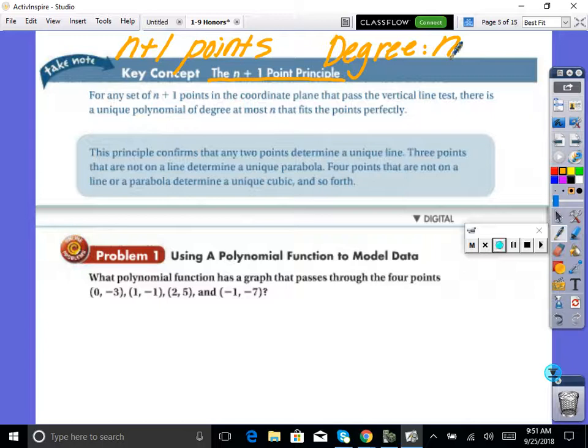So let's say, everybody, look, let's say I gave you 4 points. What degree would it be? If there's 4 points, what degree would it be? 3.